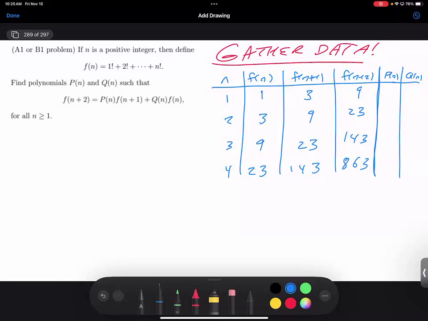So one thing is to try to think about how quickly things are growing. Let's get some order of magnitude estimates. When n gets really, really large, how big is f(n)?